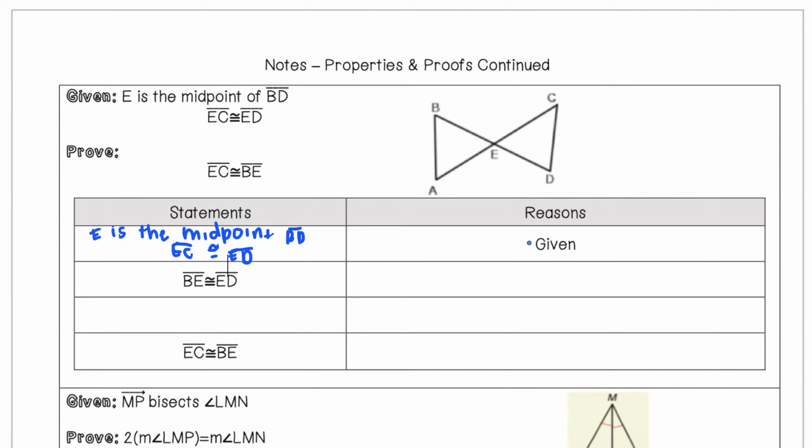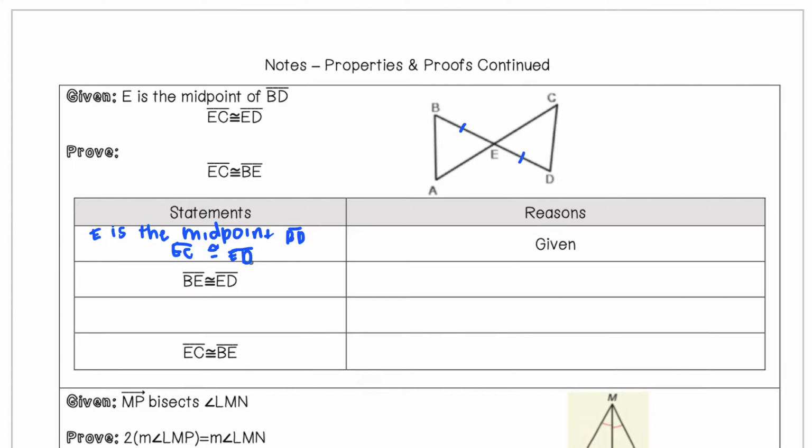We're ultimately trying to prove that the segment EC is congruent to the segment BE. So we filled in part of this proof for you, and you're going to need to fill in the rest of the empty spaces, whether that's statements or reasons or both. The next statement that I provided for you was that the segment BE is congruent to the segment ED. So that segment is here and here.